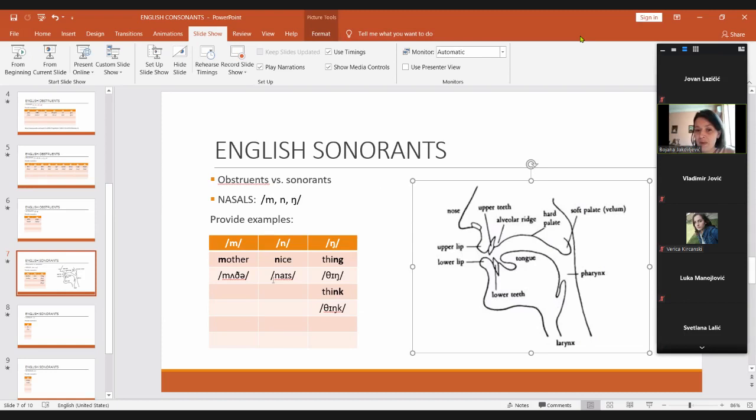Now, what happens in the production of m, n, and ng? Do you have complete closure when you say m, as in mom? Is there a complete closure somewhere? Yeah, it's bilabial. When you say nice, n, is there a complete closure? When I say complete closure, it means a contact, a touch between two vocal organs.